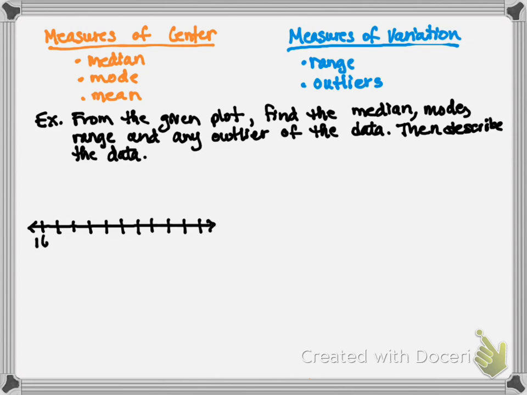And then I'm going to label every other number, just so it doesn't get too messy. We're going to have a title. This will be number of magazines sold.